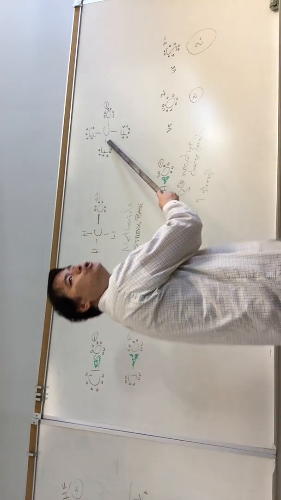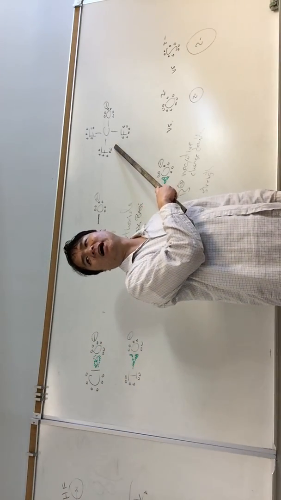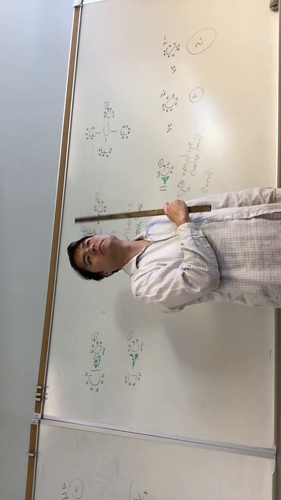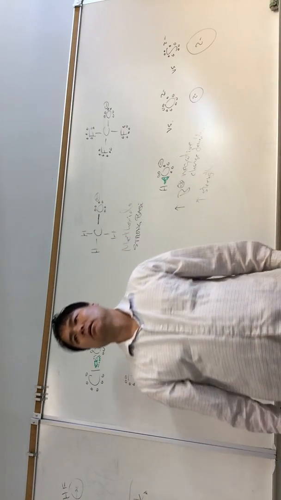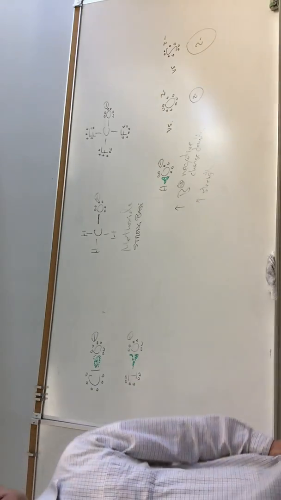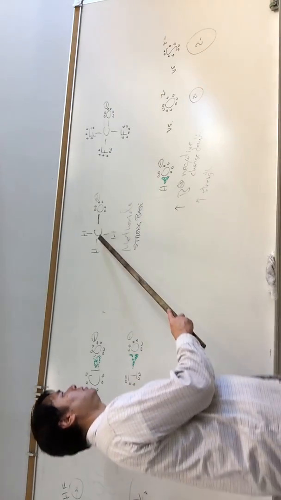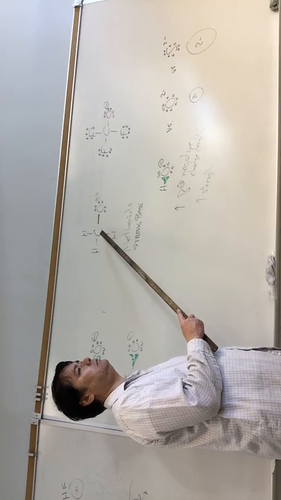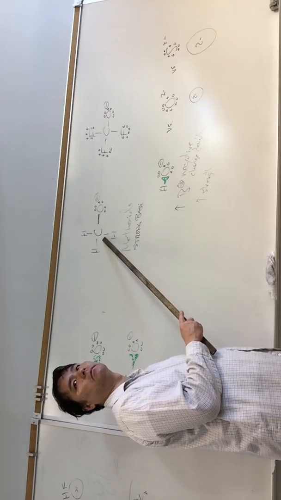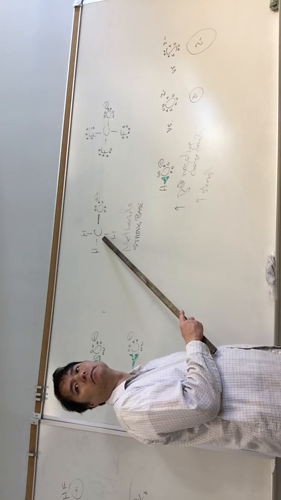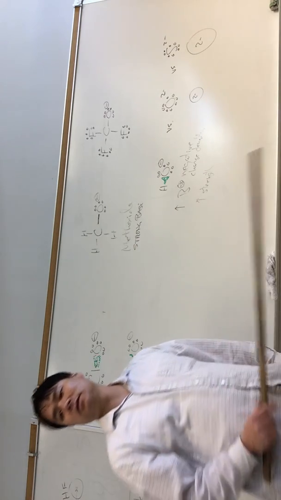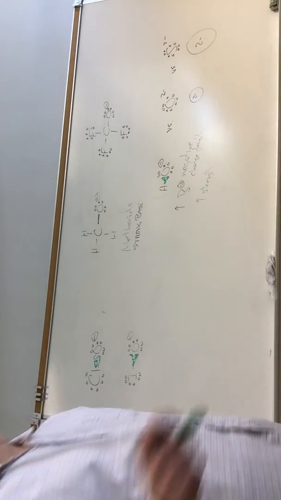A carbon's only a 2.5 in terms of electronegativity, right? But does the oxidation state of the carbon change? Yeah, the oxidation state of the carbon significantly changes. The oxidation state of this carbon is what? It's 2, 4, 6 minus 2. Oxidation state is minus 2 on this carbon.